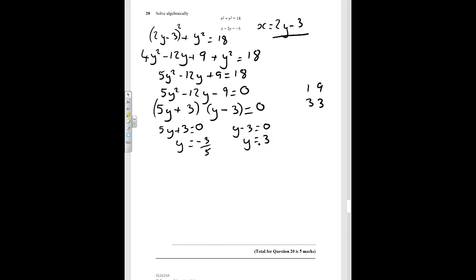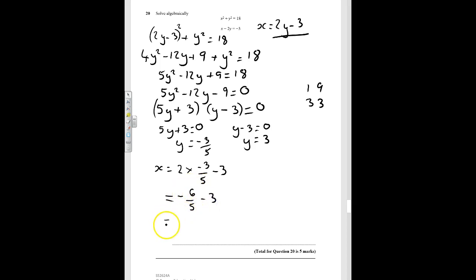Right, I now need to work out the corresponding values of x. Well, I know x is equal to 2 times, for that one, which is basically going to give me minus, so we times those two together, gives us minus 6 over 5 minus 3.